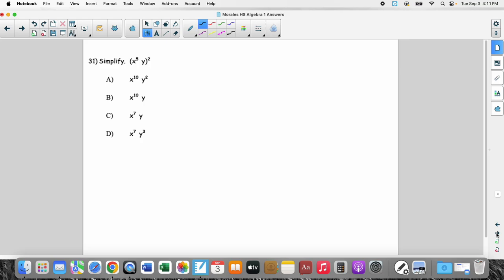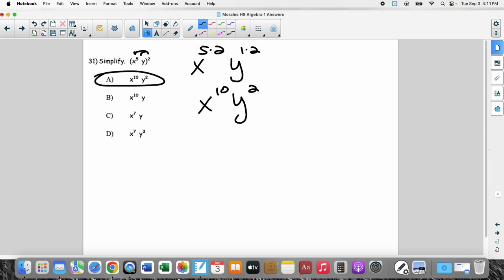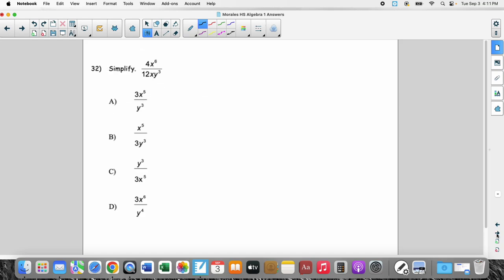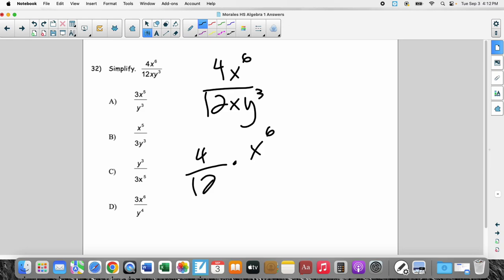We again have a power of a power, and we're going to distribute it to each of the pieces. So you have x to the 5th times 2, y to the 1st times 2. That gives you x to the 10th, y to the 2nd. Here, we're going to take pieces together. So you have 4 x to the 6th over 12 x y to the 3rd. You can split these, constants with constants, like variables with like variables.